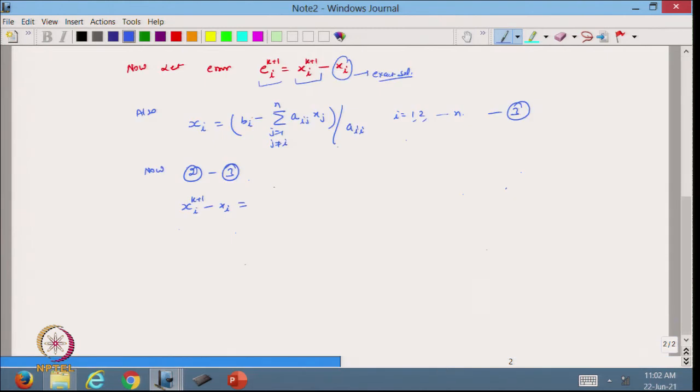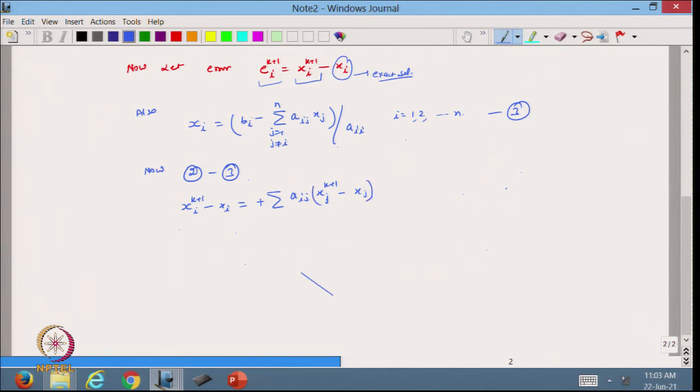So, if you see, I will get only summation. So, this minus this, so negative x i. So, from here I am getting minus a i j x j k plus 1, minus x j.